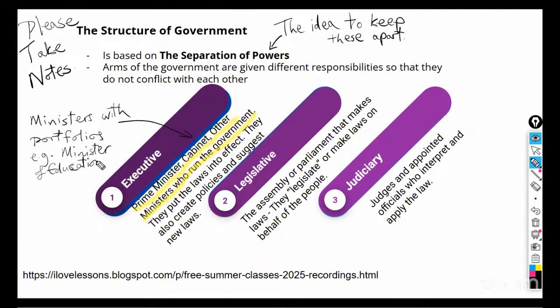Who are some other ministers we know? And sometimes the portfolios get shuffled around. So 1 year you might have a Ministry of Roads, Works and Transport.